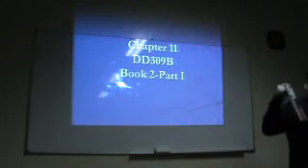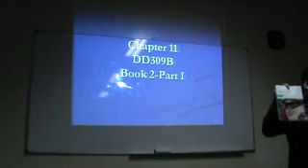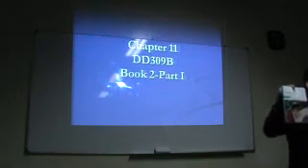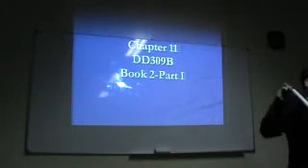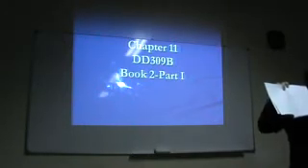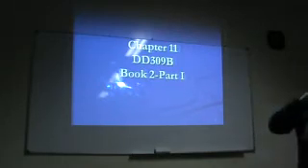Okay? For now, for the coming sessions, it is book 2, part 1, and as you can see, it is the first chapter in the book. It is chapter 11, because we already took 10 chapters in part 1, which is DD309B. Okay?